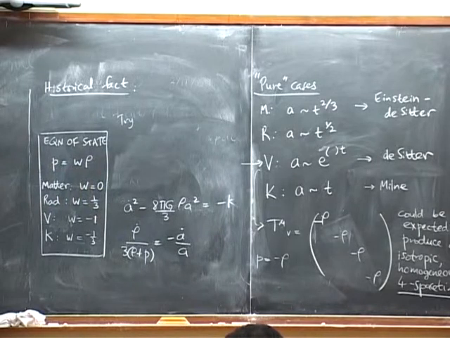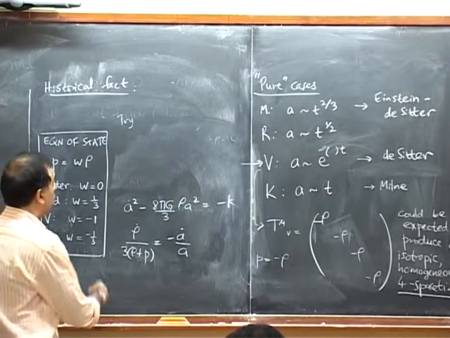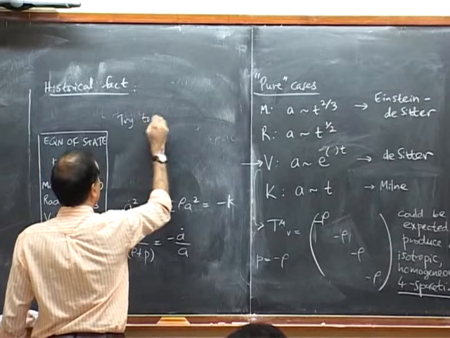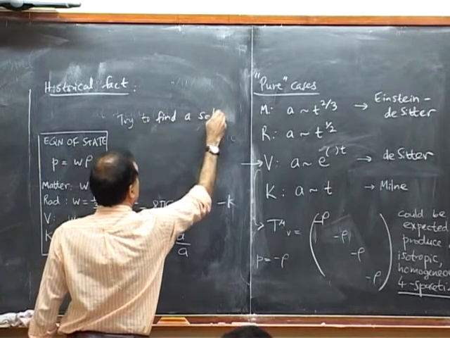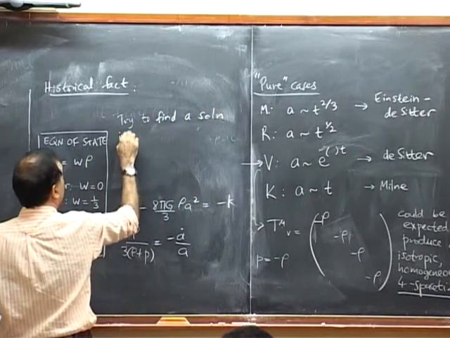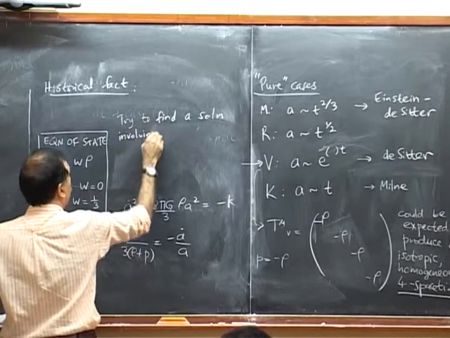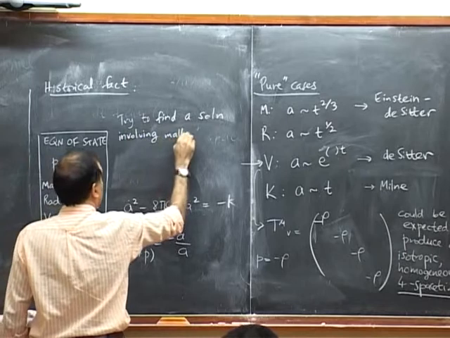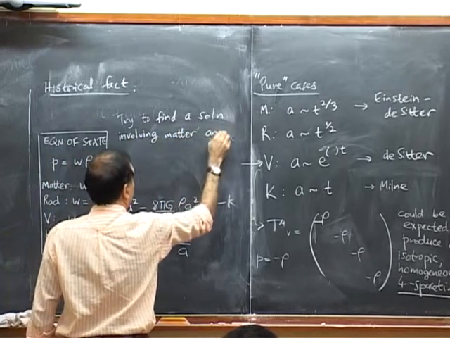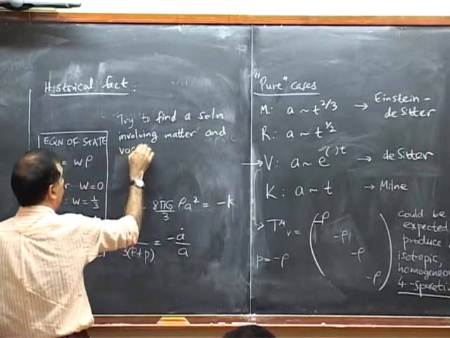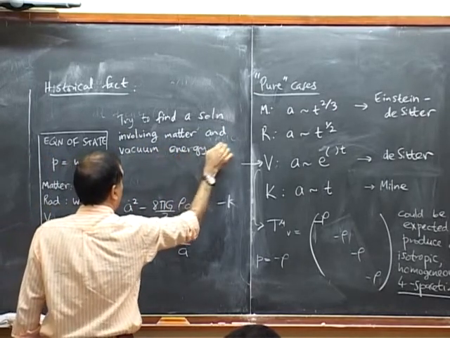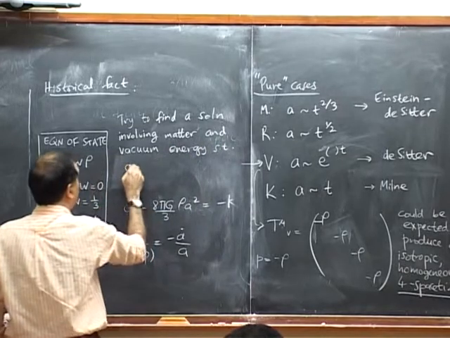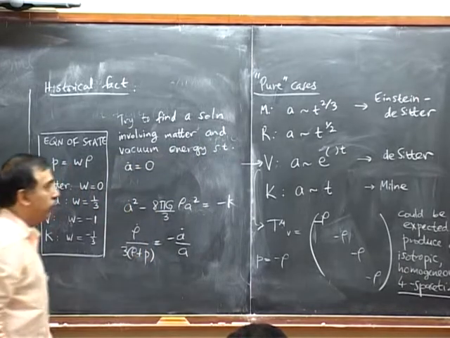Okay. So how are we going to solve these Friedmann equations to find a solution involving matter and vacuum energy such that A dot is 0?